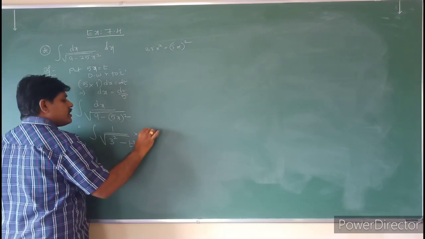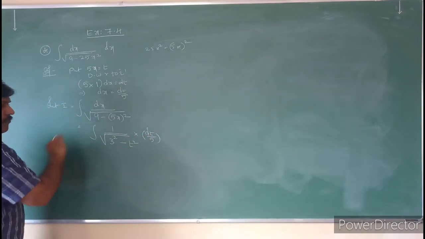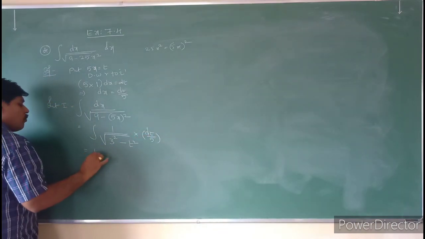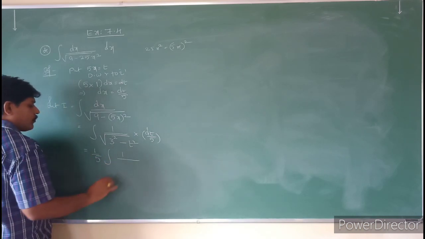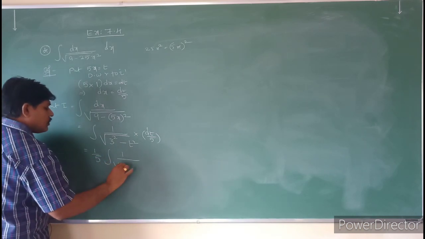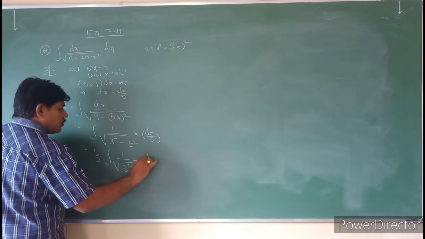What is the dx value? It is dt by 5. So take the 5 out, it will become 1 by 5 into integral of 1 by root of 3 square minus t square into dt.